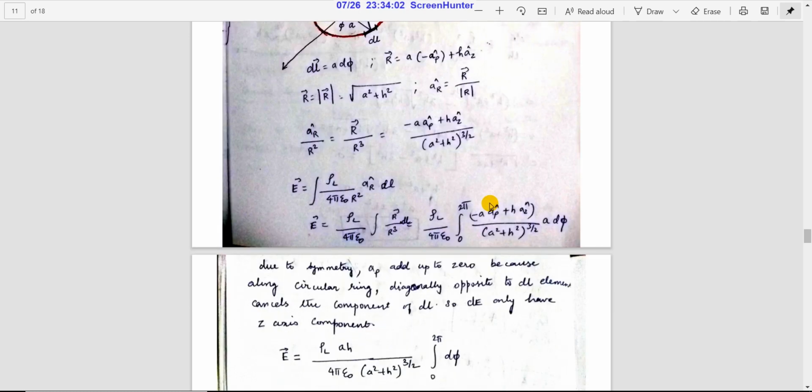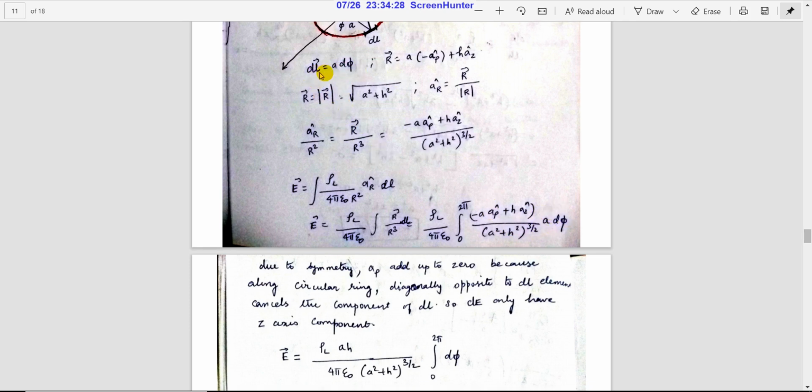We can substitute these values in the formula. So rho L divided by 4 pi epsilon naught, integration of the r vector divided by r cube, can be substituted as minus a rho cap plus h into a z cap, divided by a square plus h square to the power 3 by 2, into a d phi. Why do we have a into d phi?